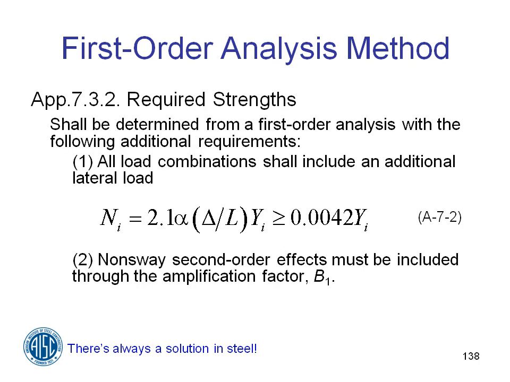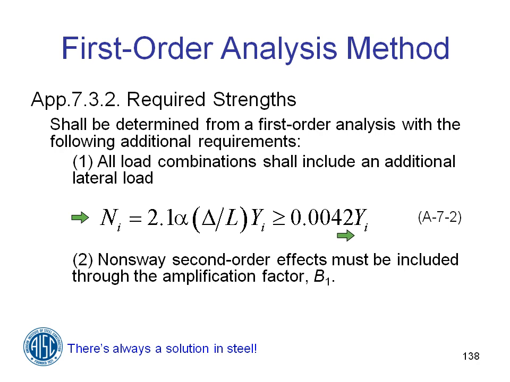The big difference here is that there is a notional load applied in all load combinations. You only have to do a first order analysis, but you must put on this notional load, 2.1 alpha delta over L times Y sub i. Y sub i is the gravity load at that level, and that has to be greater than or equal to 0.0042 Y sub i.